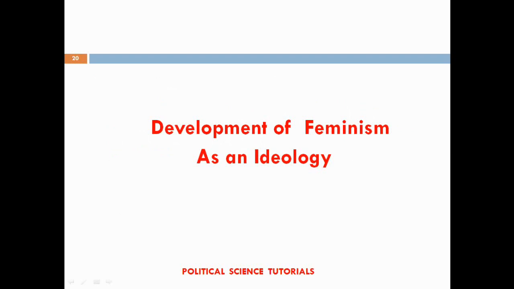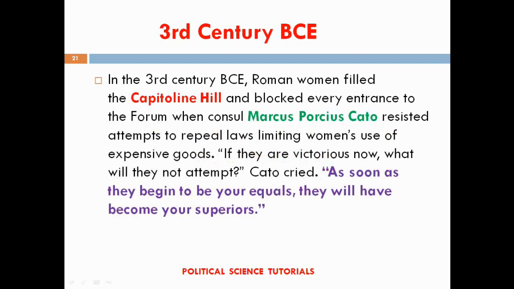After discussing what is feminism, now let us take a brief account of how the concept of feminism as an ideology developed. Then we will discuss the four waves of feminism. First, we have to keep in mind that in our discussion, our main starting point will be the 18th century Enlightenment period.